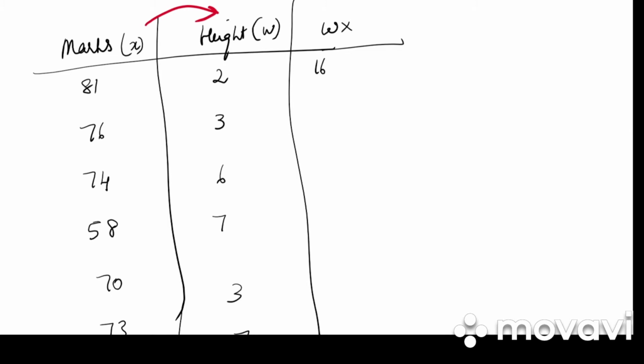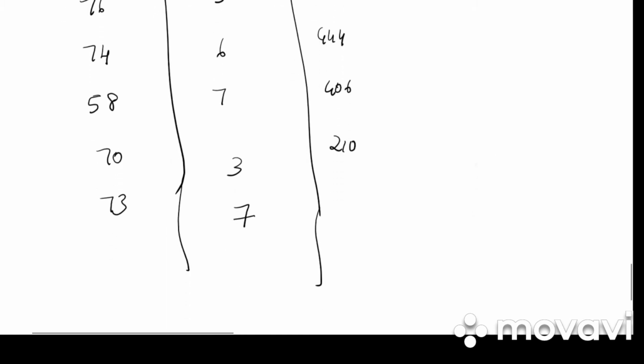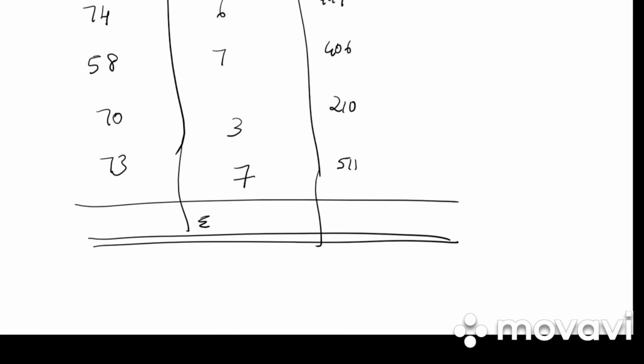81 into 2, 162. 76 into 3, 228. 74 into 6, 444. 58 into 7, 406. 70 into 3, 210. 73 into 7, 511. So what is summation w? It is 28. And what is summation wx? We need to add it.